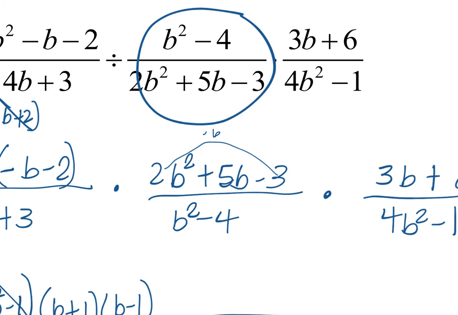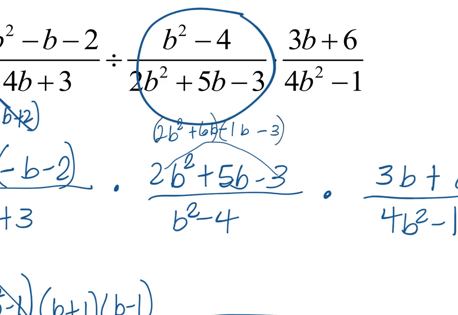So let's see. I could rewrite this trinomial as a 4-term polynomial that said 2b squared plus 6b minus 1b minus 3.